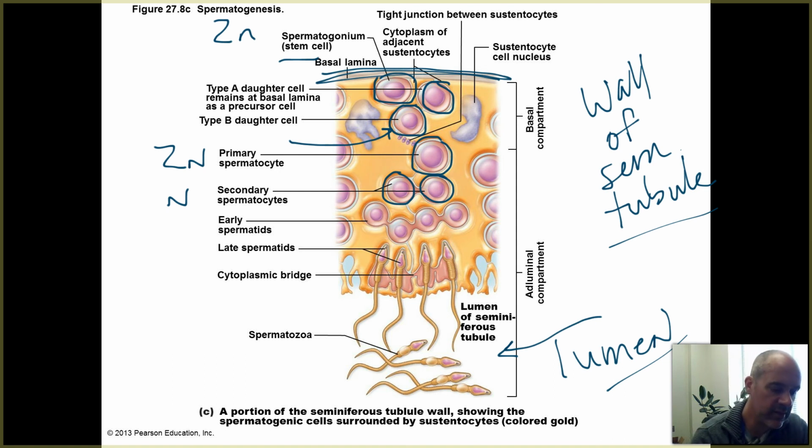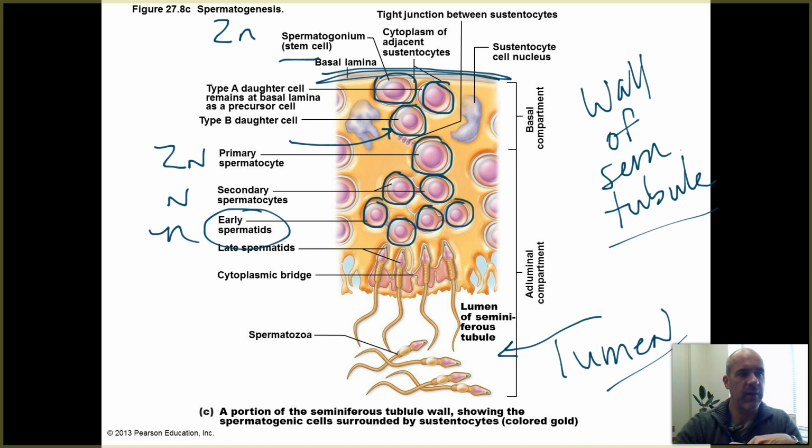Each of those cells divides and gives you 1, 2, 3, 4 early spermatids. Those are haploid, and when the secondary spermatocytes divide, their duplicated chromosomes are pulled apart and into opposite daughter cells.